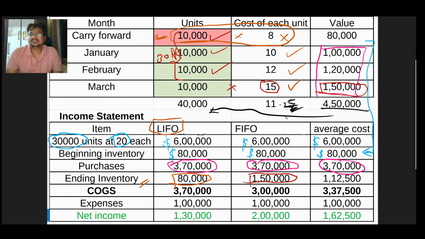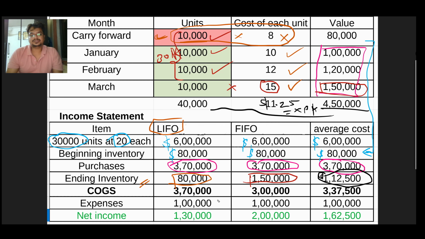Okay, anyways, we are dividing it with that one, and the answer would be $11.25. So that 11.25 when multiplied with 10,000, we get this answer. So this is our ending inventory.